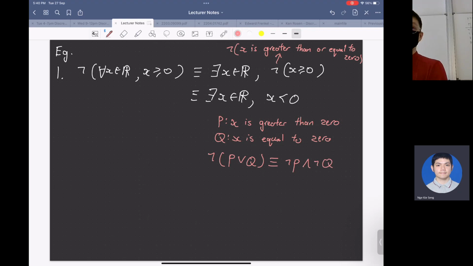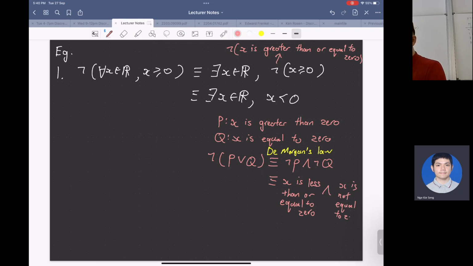De Morgan's law. This is the one law I want you to remember today. So you have used De Morgan's law. Not P is x is less than or equal to 0, and not Q is x is not equal to 0.